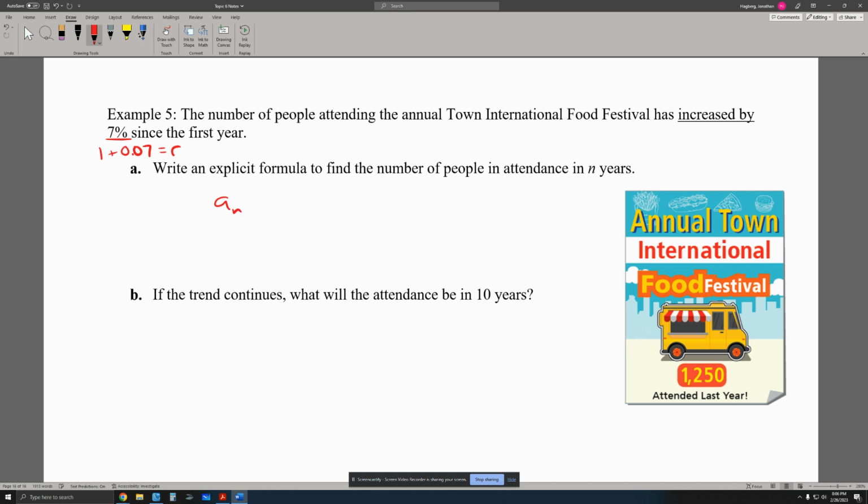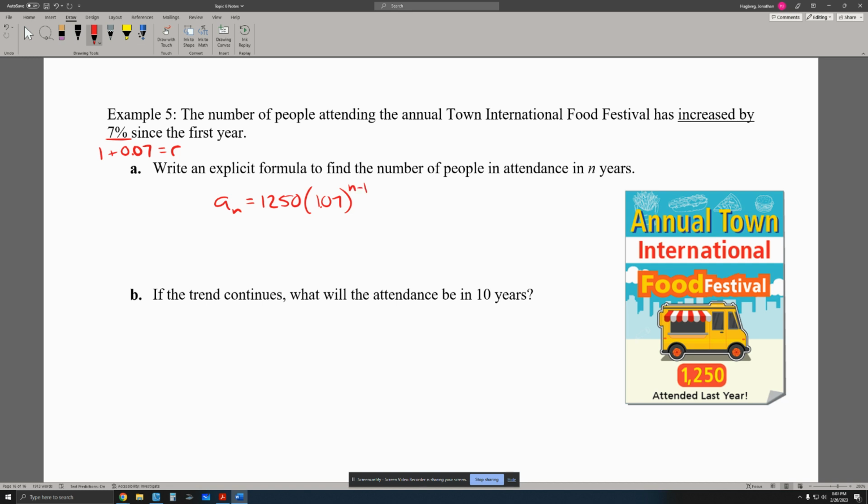So the explicit formula is going to be a sub n is equal to, well, a1, which we know is 1250 based on this graphic here. So the initial value is going to be how many attended last year, and then times our common ratio, which is 1.07, and then to the n minus 1.